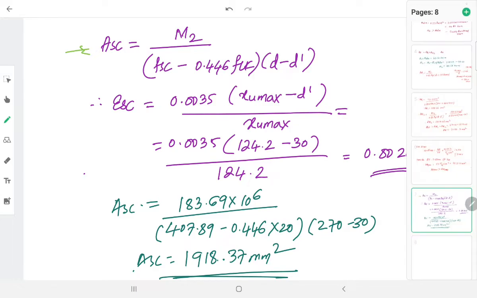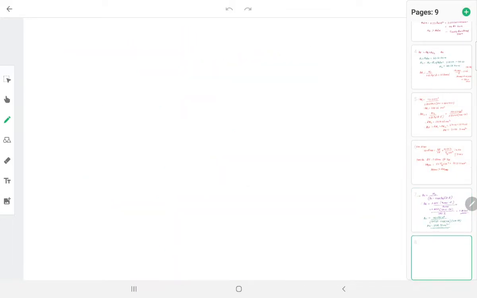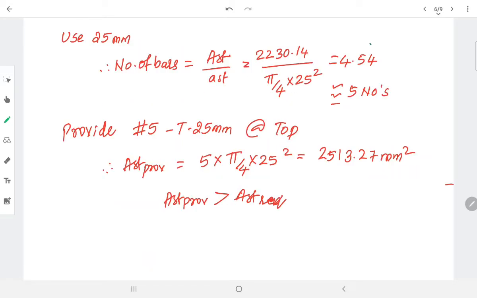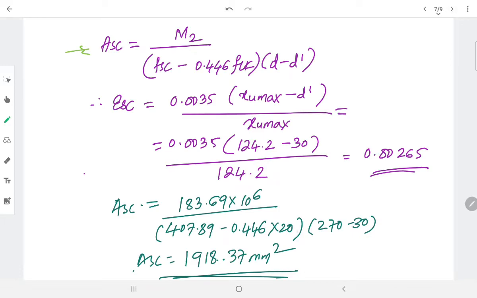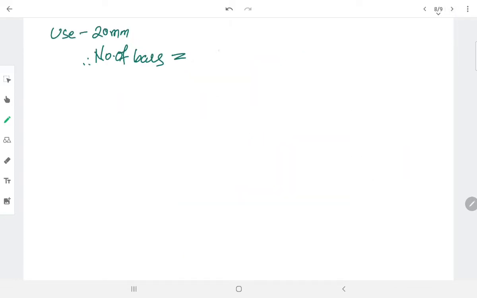Now I will find out the number of bars. I will be using a 20 mm bar. The total area of reinforcement required is 1918.37 divided by pi by 4 into 20 square.